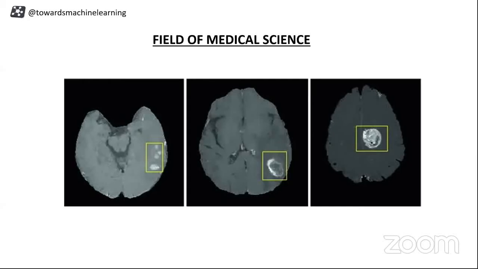Also in medical science, someone is detecting mitochondria in images. They are detecting lung infection as well. More of the studies are going into detection of cancerous cells and all. You can read about that as well.